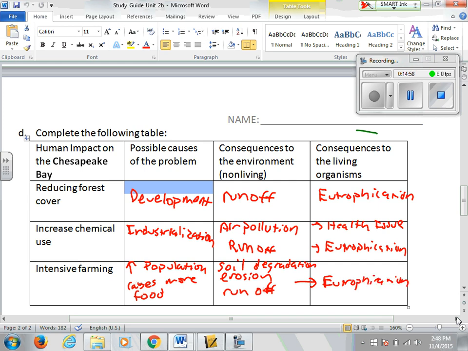So when we say consequences to living things, we're referring to the fact that a lot of what's going to end up in the water is not going to be there anymore because it causes dead zones. And that can cause a whole other slew of issues, socially, economically, environmentally, lots of impacts when dead zones are involved.